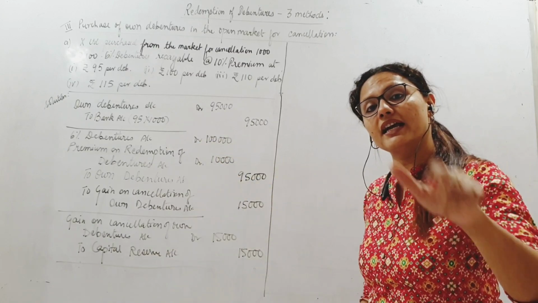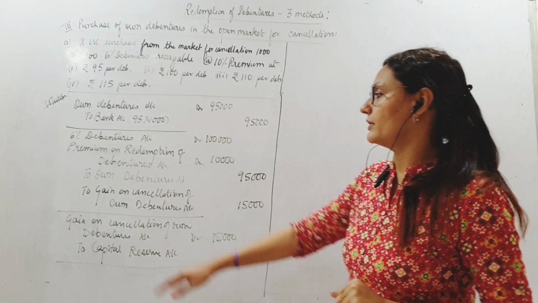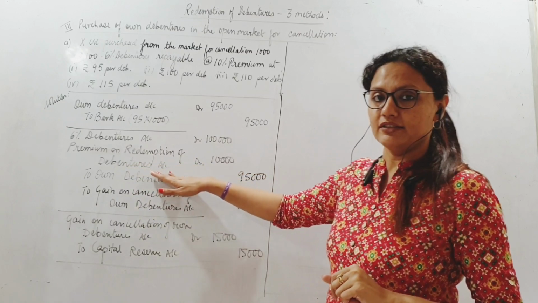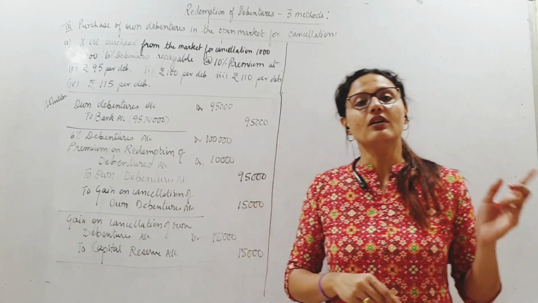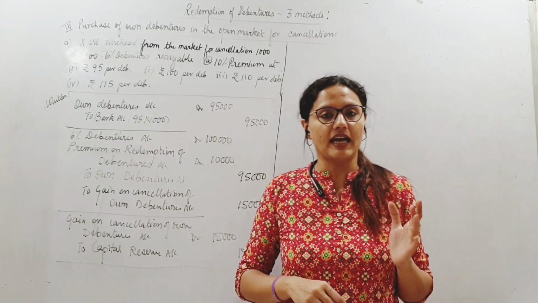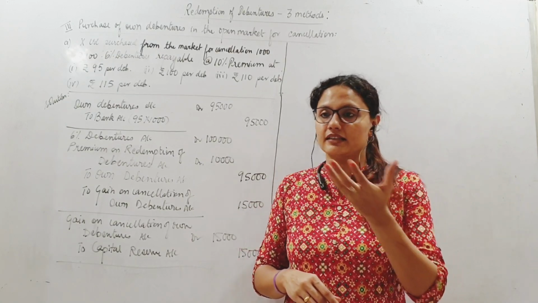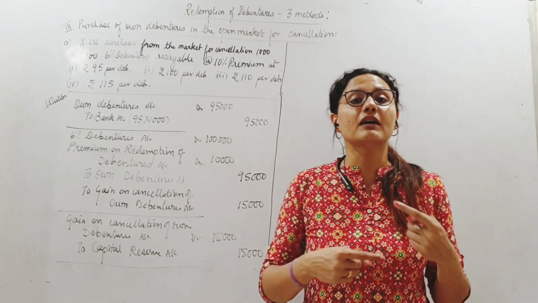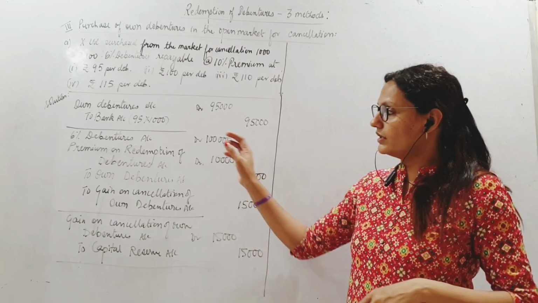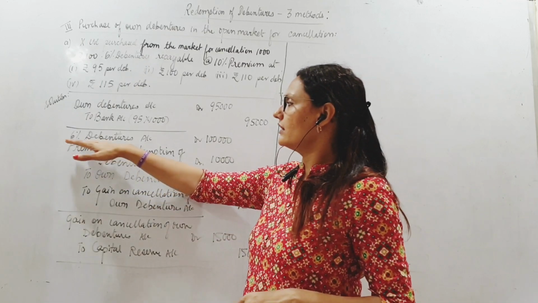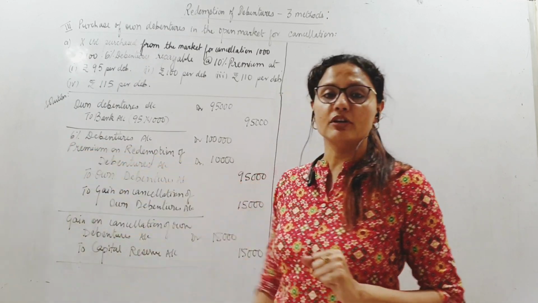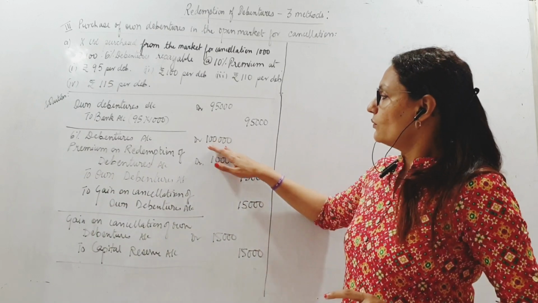Also, I will debit my liability, which was premium payable on redemption of debentures. This is a liability. We have already seen that in our last video when we were doing redemption and at the time of making the amount due to the debenture holders, we also give them the premium amount. The same thing we are doing here. Debentures also debit, premium on redemption of debentures also debit.